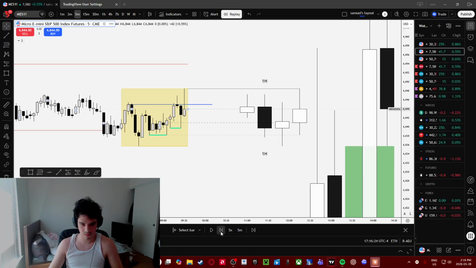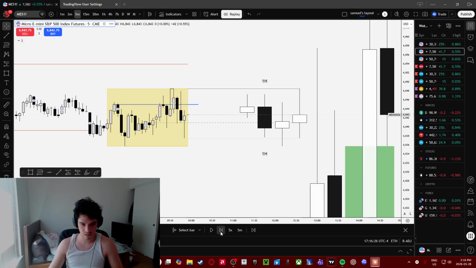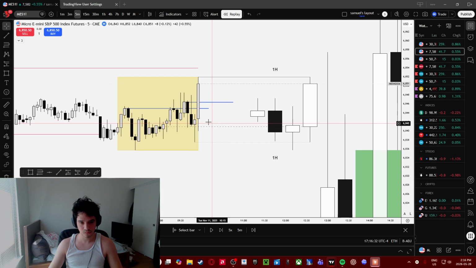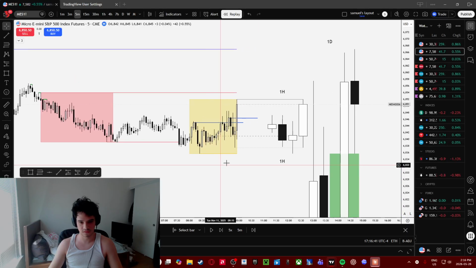leaving all these lows right here, consolidation, manipulate the lows, we get a candle 2 right here. So we catch the continuation off of this, since this is technically the continuation sequence of this.